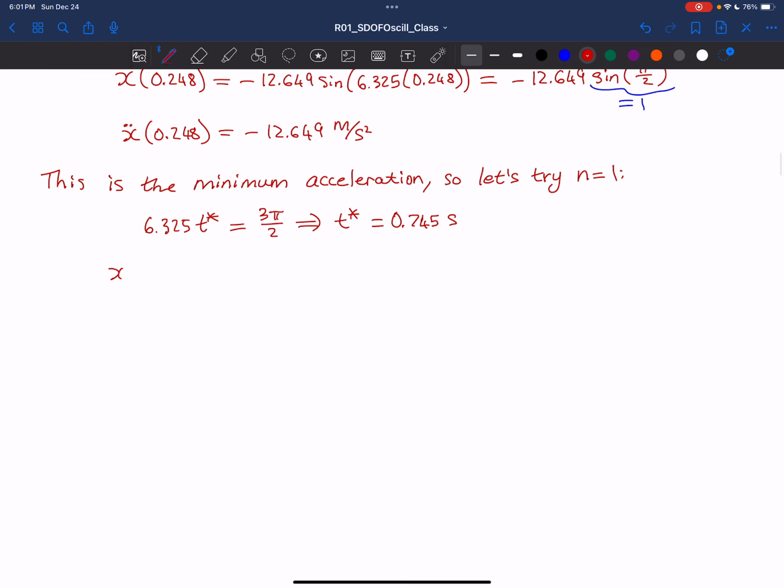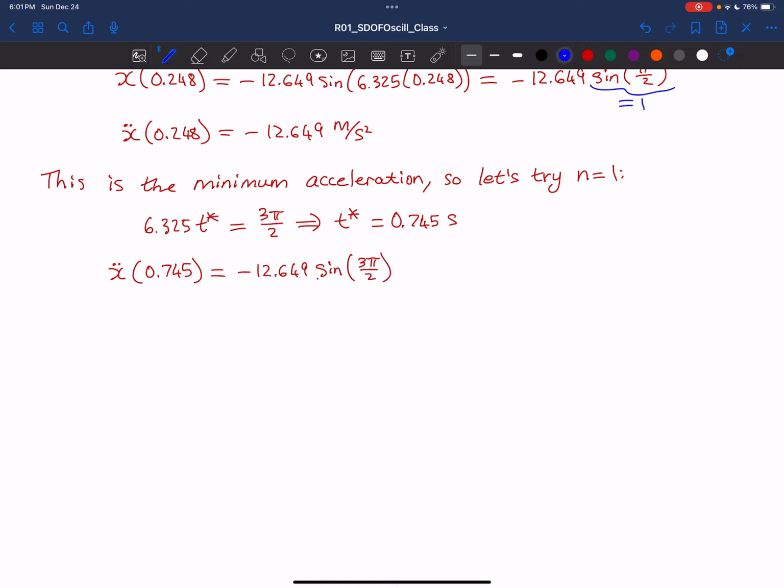From here, we'll plug that in: x double dot of 0.745 is equal to minus 12.649 times the sine of, and in this case, we're just going to skip ahead, 3 pi over 2.